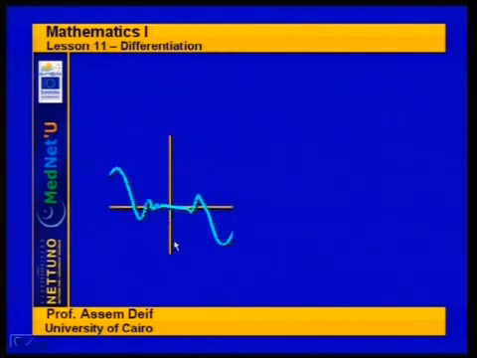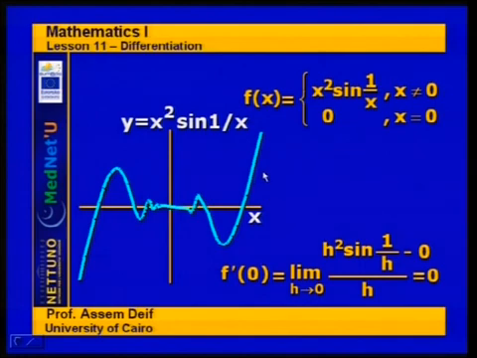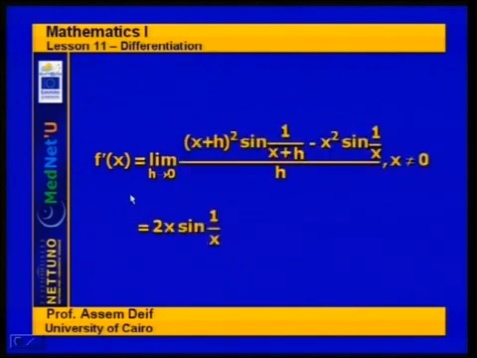You can have also the converse situation. In other words, you can have a function of this sort in which the derivative exists at the point 0. If you take the derivative at the point x equal to 0, which is this limit here, you find that the derivative is equal to 0. Yet f prime is not continuous at x equal to 0. Why? Because when you calculate f prime of x, you will find it in this form.